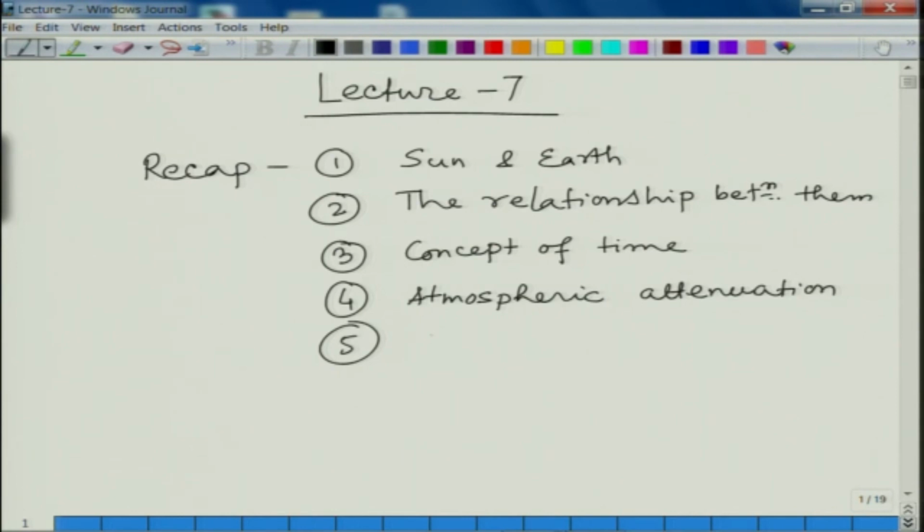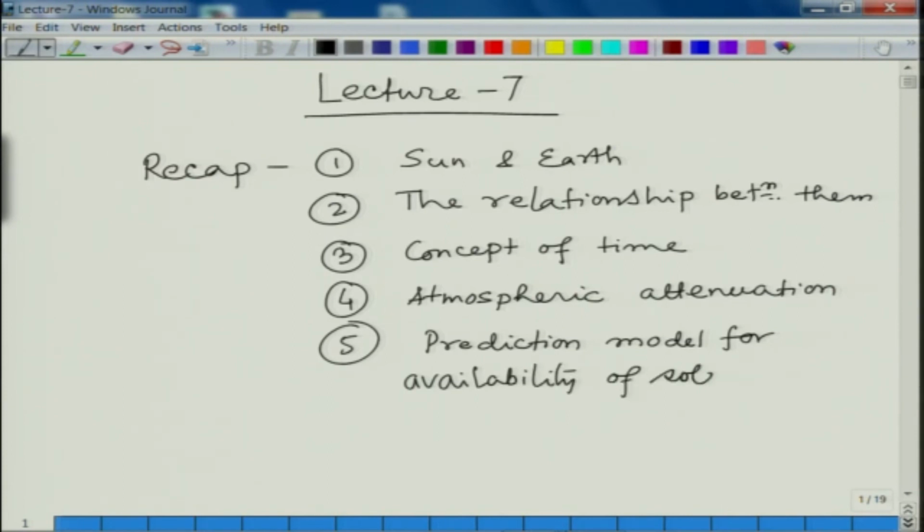The other thing that we covered is the prediction model for availability of solar radiation.